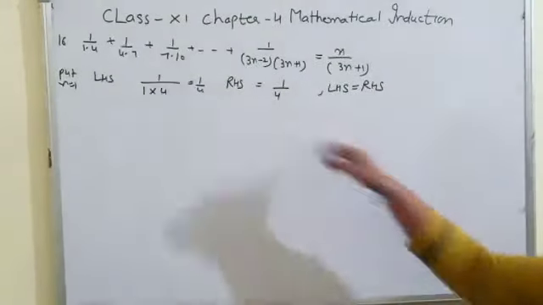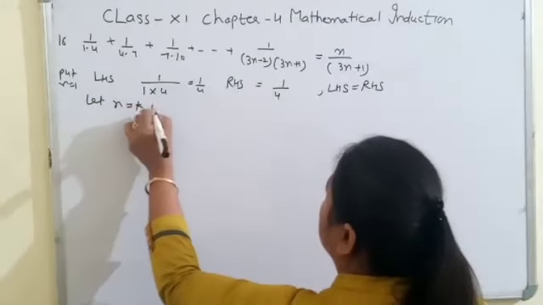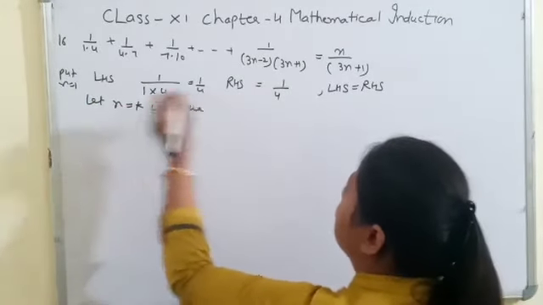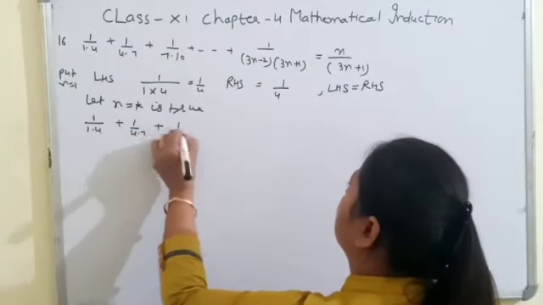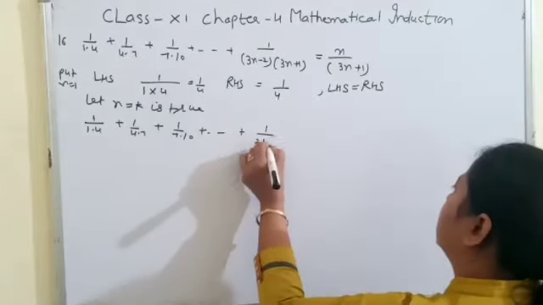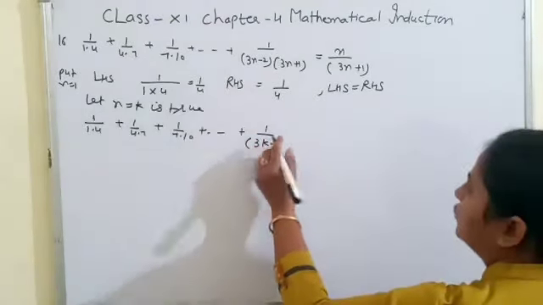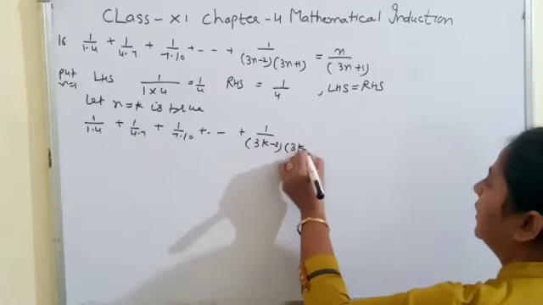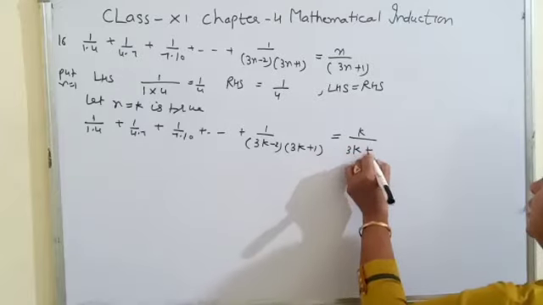The statement is true for n equal to 1. Let n equal to k be true: 1 upon 1 into 4, plus 1 upon 4 into 7, and so on, plus 1 upon (3k minus 2)(3k plus 1), equal to k upon (3k plus 1).